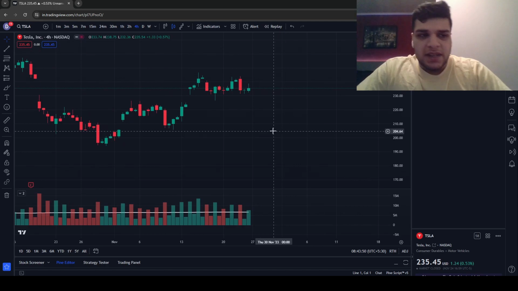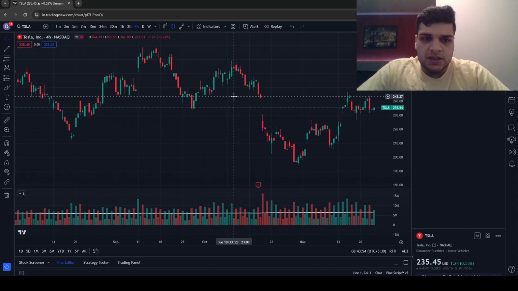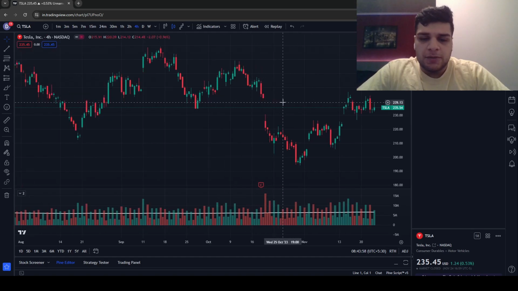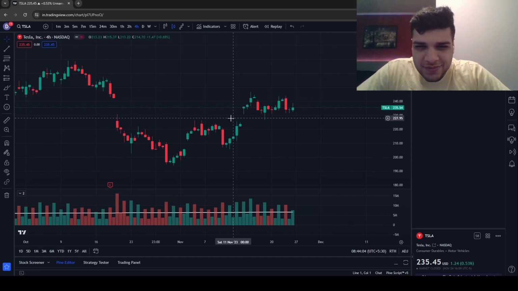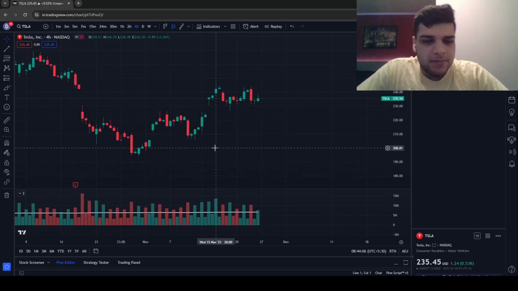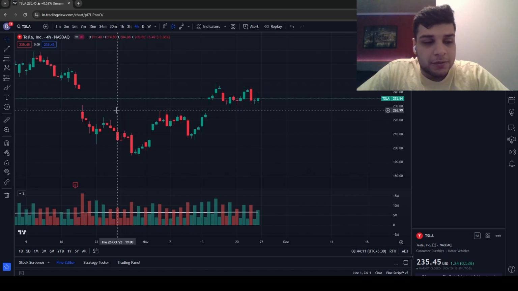Now, let's begin. I've opened up the Tesla chart today just because this is a share that shows good movement in both directions. It's a volatile share with some great moves which you can catch. I'm just looking at this chart for the first time as well.